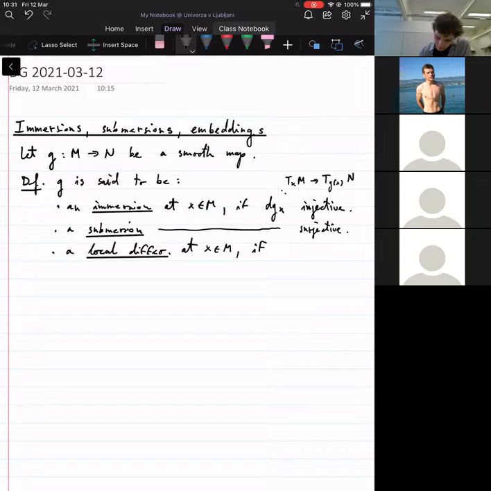If it's diffeomorphic on some neighborhood of X. Yes, something like that. So if there exists, so how should I write this?